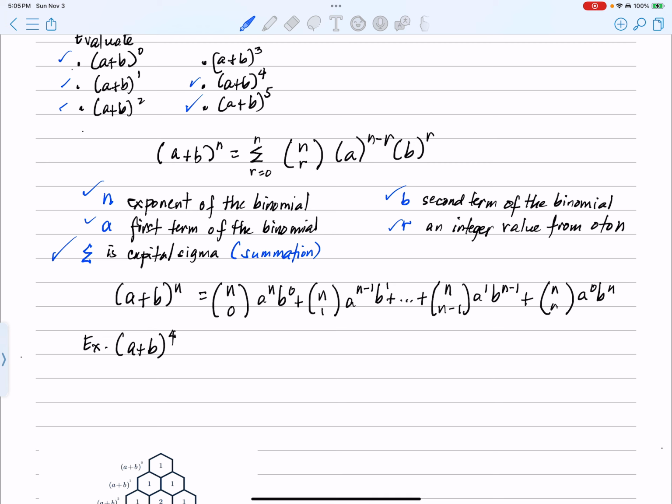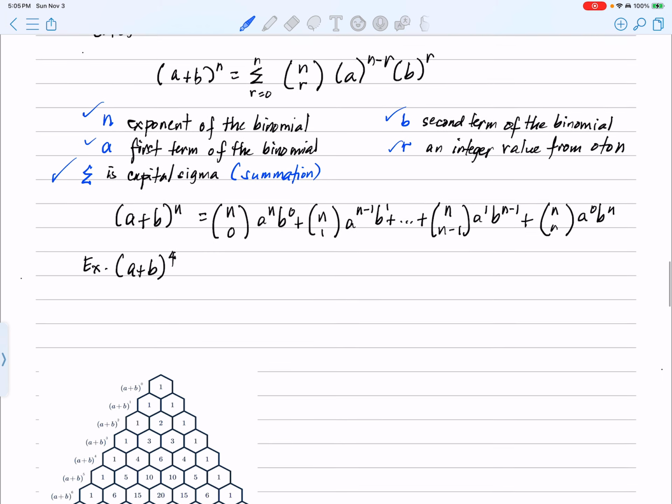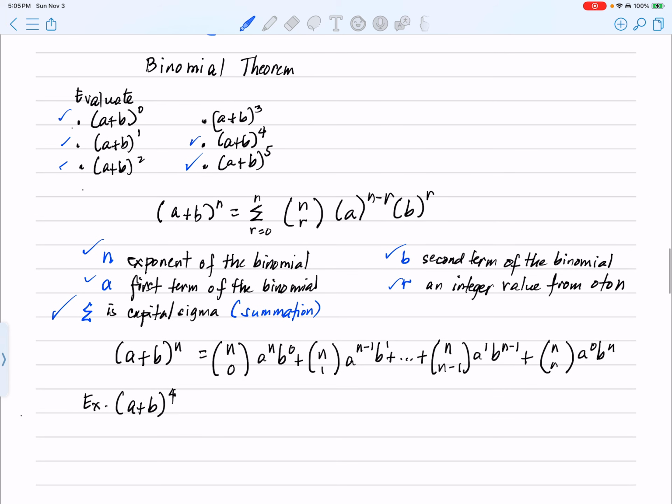And how should it be written, and how does it go? So for example, you have a plus b to the fourth, because that is where I stopped here, right? That's a very long solution.